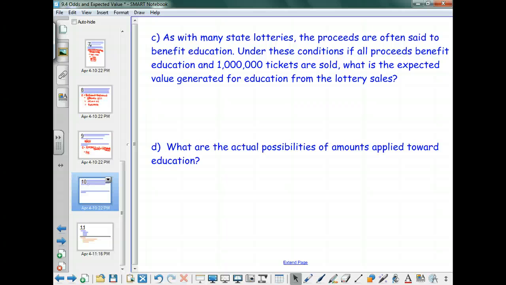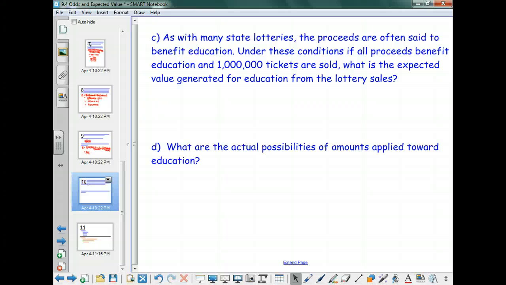And this is where it comes into effect for you. As with many state lotteries, the proceeds are often said to benefit education. Have you ever heard that before? Yes. One of the reasons why Ohio, when we were up there, ended up passing a law to allow casinos is because the money was said to benefit education. The state lottery here in Oklahoma years ago, same thing.